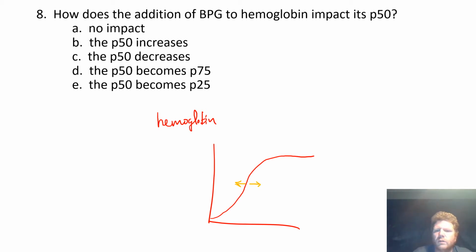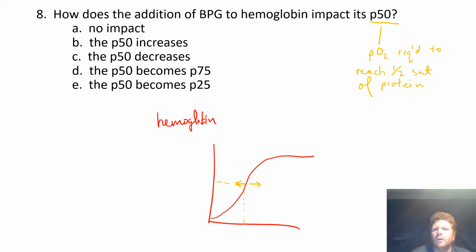Now, if it moves to the right, well, then we have to be concerned with the P50. So you have to know what a P50 is. This is the PO2 required to reach half saturation of our protein.